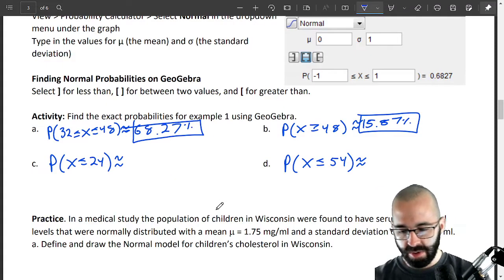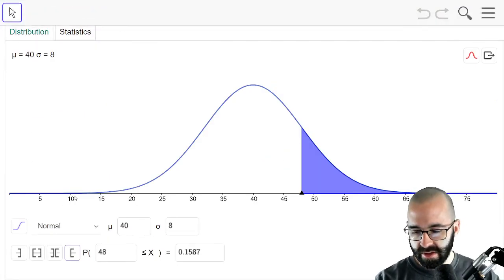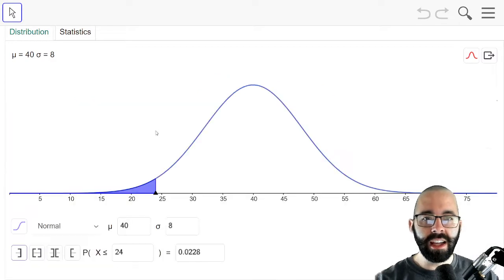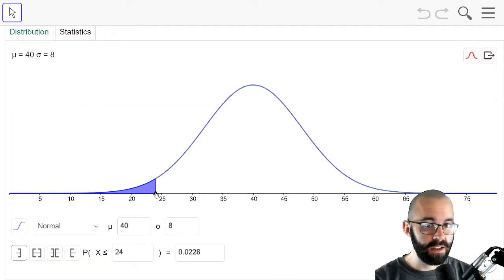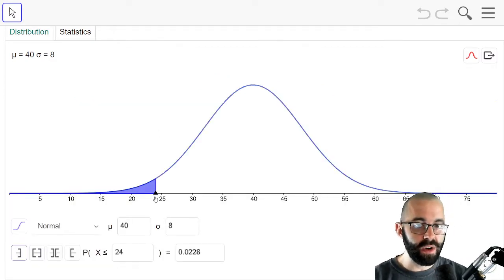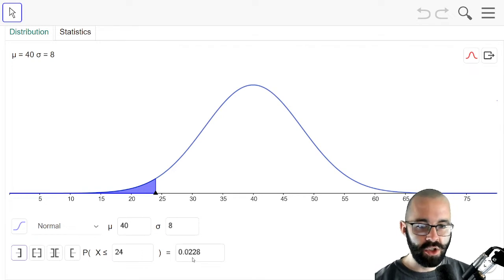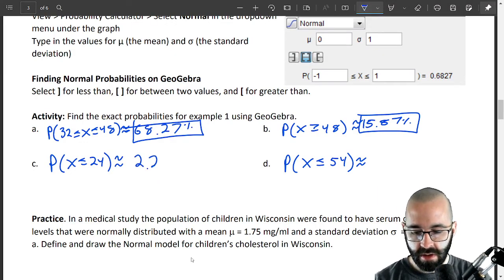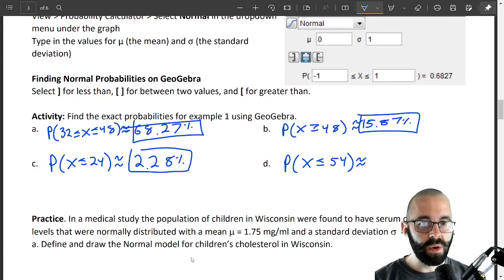And we want to do less than or equal to 24. So we go down to the bottom right, less than or equal to, left-sided, 24. And again, visually look. Yes, this is everything to the left of 24. This is what I want. 2.28% is what we have. That's pretty close to our estimation before of 2.5%.